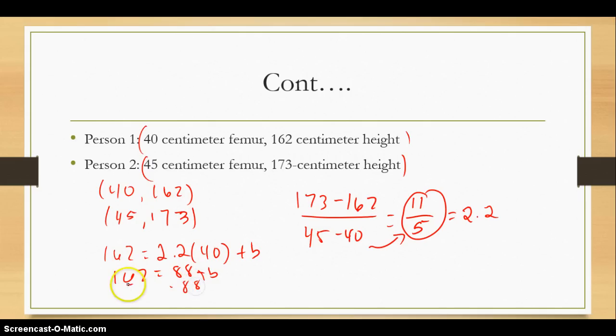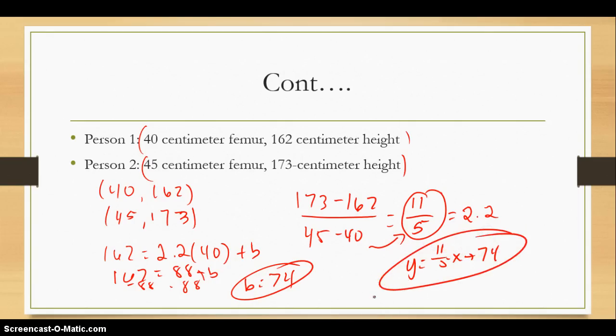Subtract 88. b equals 74. Okay, so that's our b, and here's our m. So we know that y equals 11 over 5 x plus 74. So we can use this formula now to find out the height of anybody from their femur length, for this specific area that they were excavating.